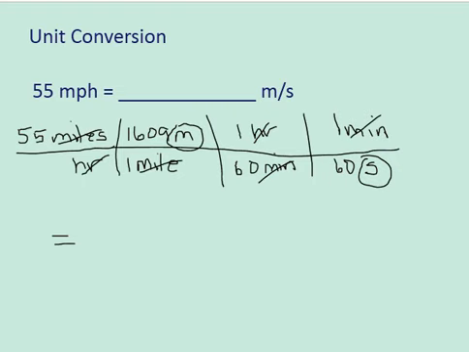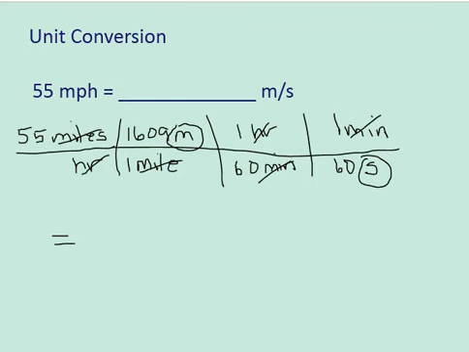All I have to do is my multiplication and division of 55 times my 1609 on the top, divided by that quantity. Make sure you realize your order of operations as you're doing things using calculators, and we'll talk about that a little bit in class.